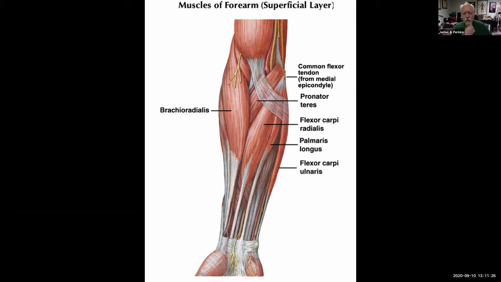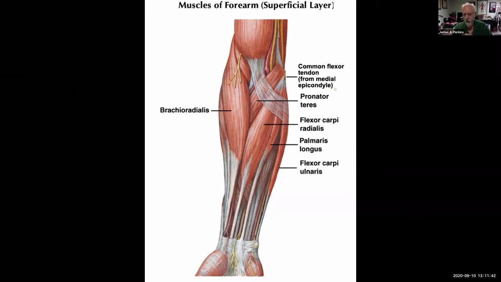All right, before we move on, I should make another point too. I mentioned that the two flexor carpi muscles are both involved in flexion of the hand. And if both of these muscles work together at the same time, then you get just plain old flexion of the hand at the wrist joint. So if flexor carpi radialis and flexor carpi ulnaris are working together, then you just get plain old flexion of the hand at the wrist joint.